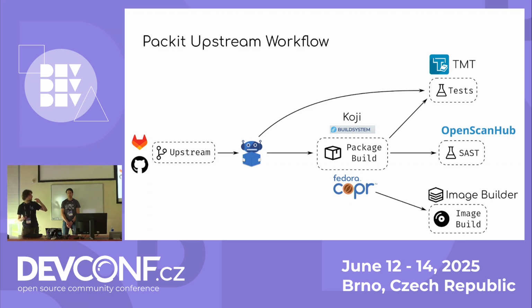So for your pull requests or commits or releases on upstream, you can run RPM builds, either as a buildability check, but also to provide some user-facing stable RPM repositories. You can run tests on VMs that have these RPMs installed, so you can mimic the environment where your package is already on the system.